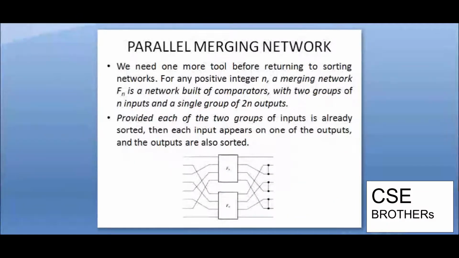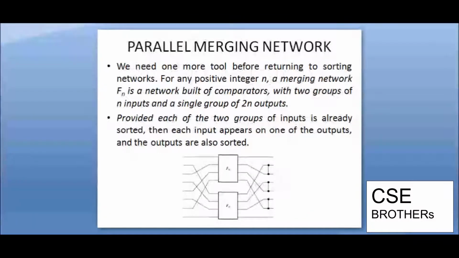Parallel merging network. When we divide our input and pass it through the Sn, we also need to merge the results to give us the final output. Suppose there are n integers, so we can divide them. So a 2n size array gives a 2n output.